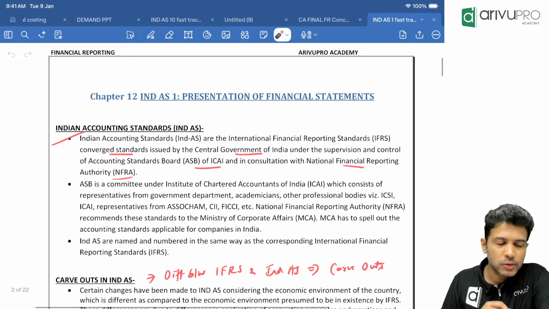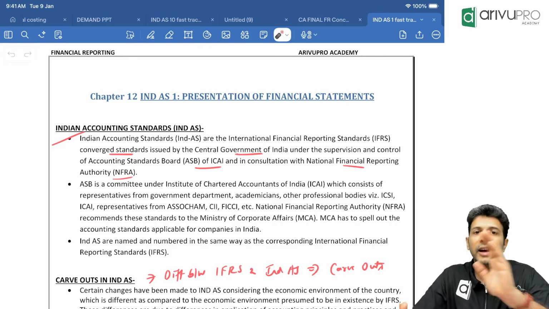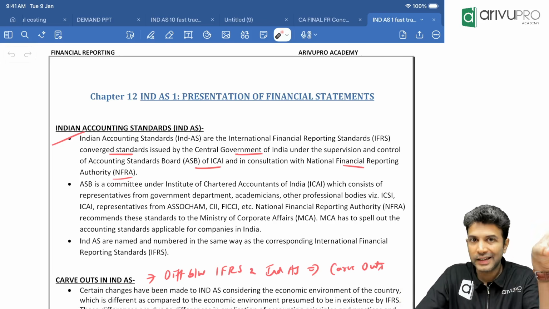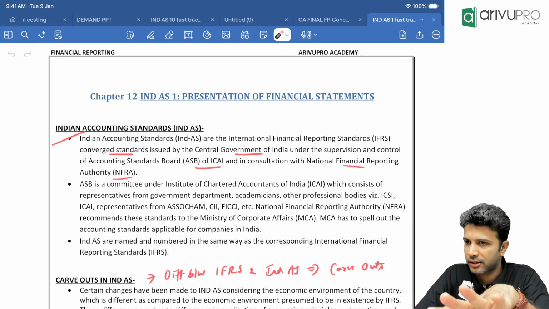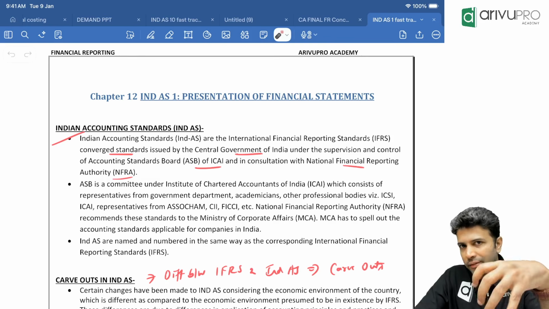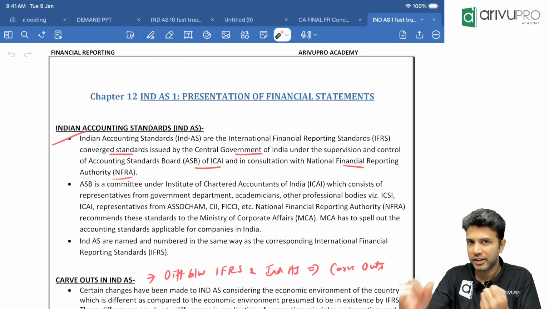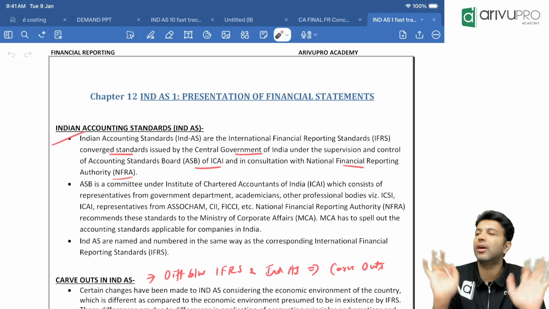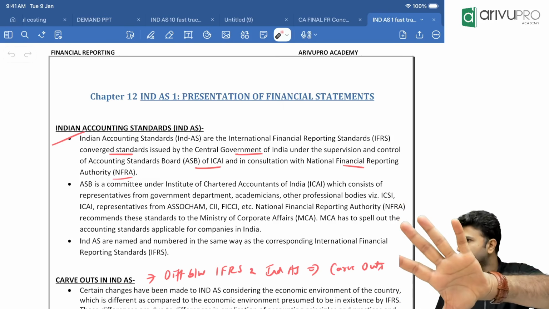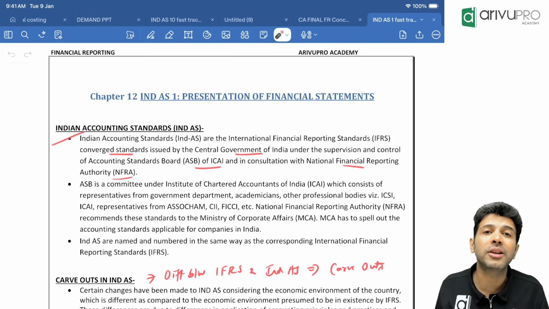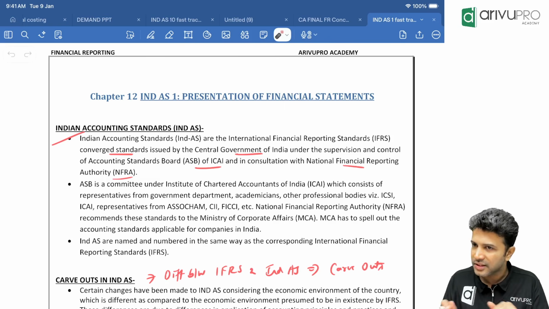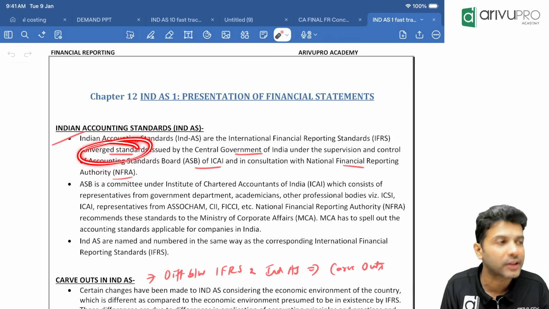First one, in India, right? India has not copy pasted IFRS. So Ind AS's base is IFRS. That's the base. Now India, we have not copy pasted IFRS, meaning as it is, we have not taken and called it as Ind AS. We have taken IFRS. Wherever required, we have made some changes. That's the reason we say India has converged to IFRS.